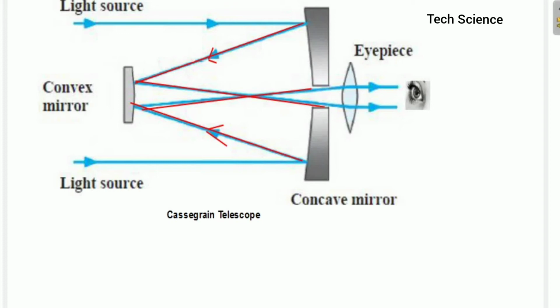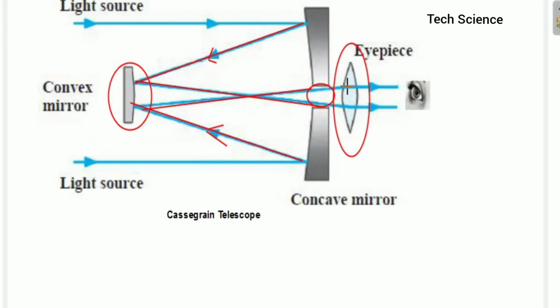Observe, this is the hole, and the light rays reflected by the convex mirror pass through this small hole in the concave mirror. When they pass through this hole, in front of them there is a convex lens, and that is called the eyepiece.